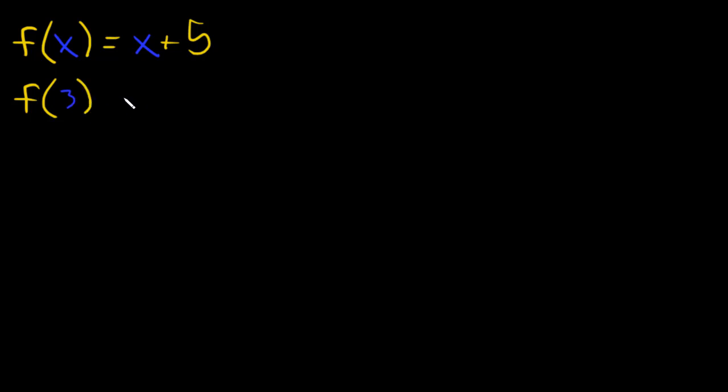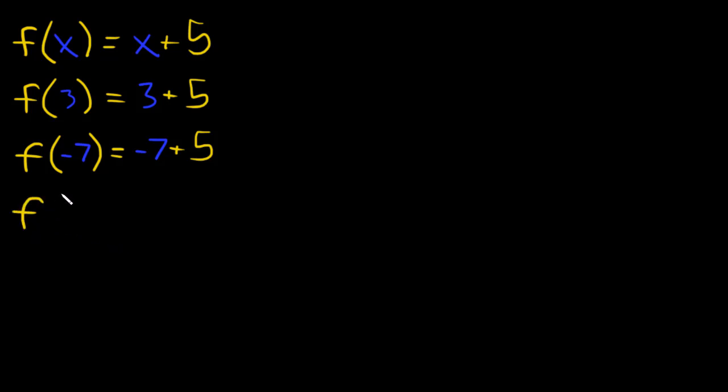Well, that just gives us 3 plus 5. Okay, what about f of negative 7? Well, that would be negative 7 plus 5. Okay, now we can do some more complicated ones. f of, oh, let's do a sad face, frowny face. Well, that would just equal frowny face, plus 5.